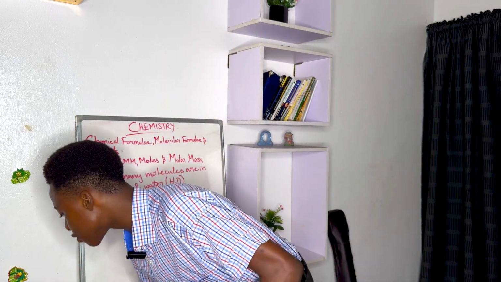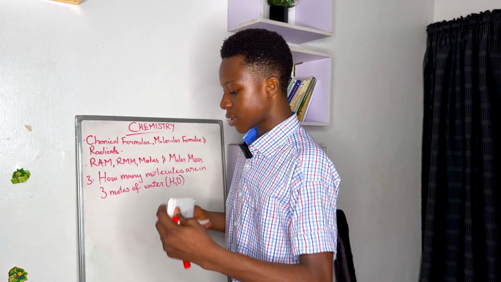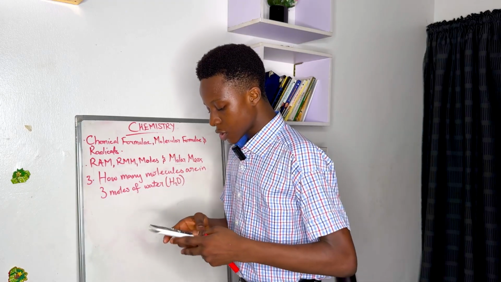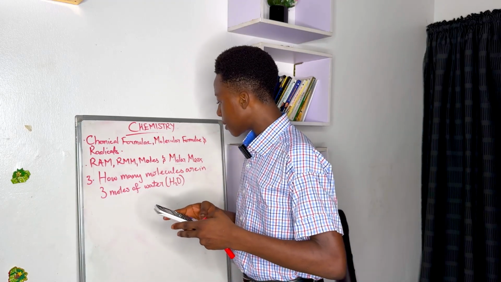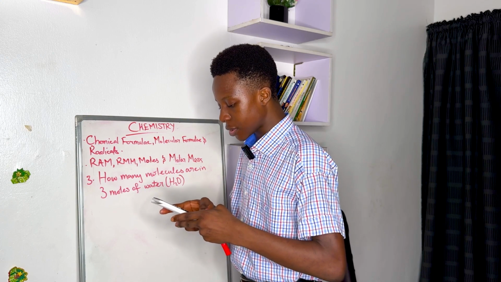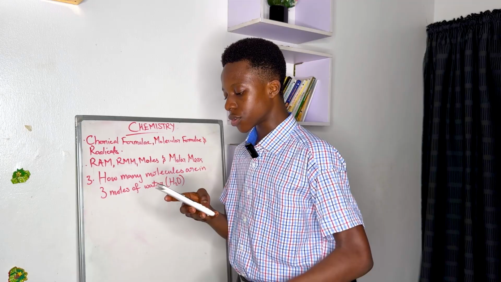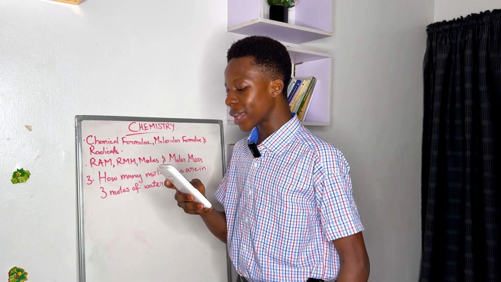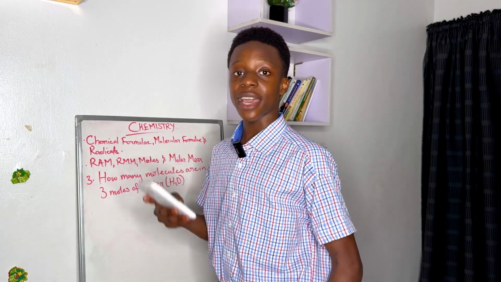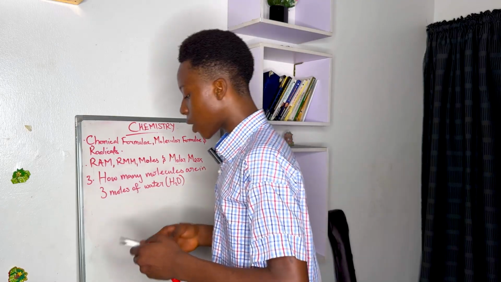And this is where you have to grab your calculators, guys, because this is a very complex calculation. So 3 multiplied by 6.022 times 10 raised to the power of 23, that's Avogadro's number, will give you 1.8066 times 10 raised to the power of 24 particles.